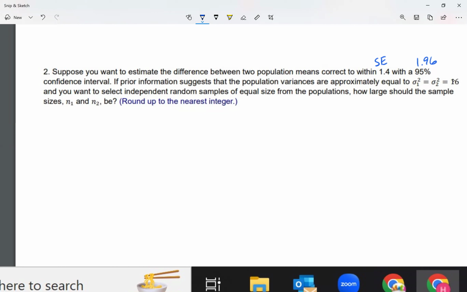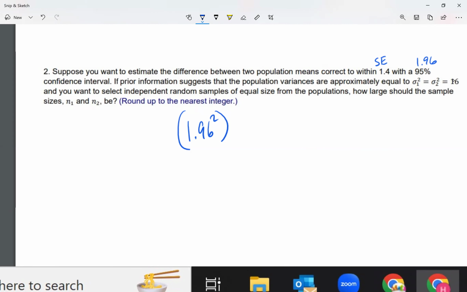Okay, again, I'm going to use the formula I gave you guys on the very top. So I'm going to go 1.96 squared. Mr. Leonzo, why do you put the square inside the parentheses, not outside? It doesn't really matter.